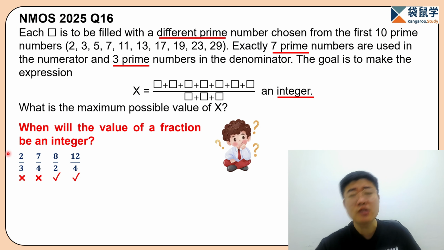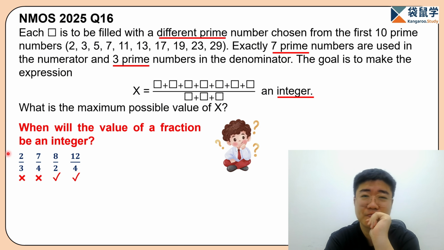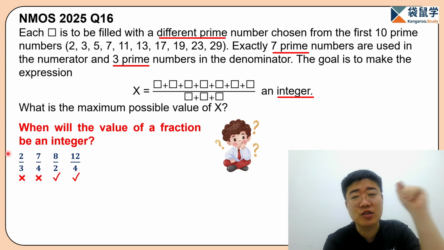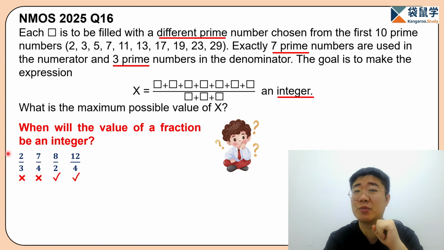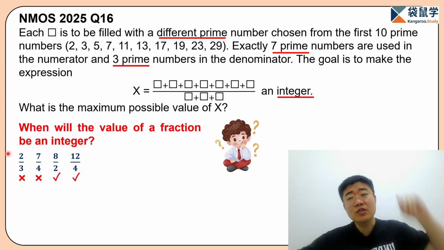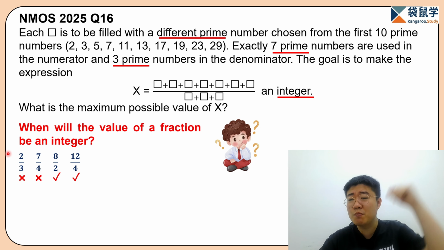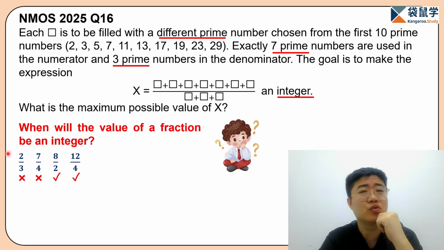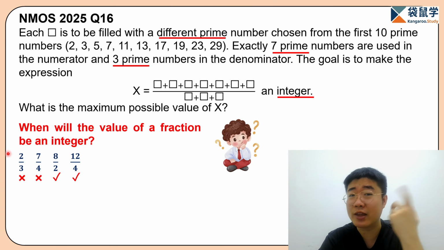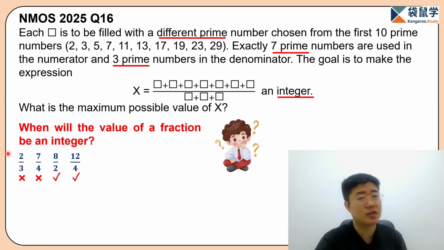Now from these numbers, what can we observe, everyone? So we can see that first of all, if the numerator is smaller than the denominator, definitely this is not an integer. And so we know that when the numerator is bigger than the denominator, what are the things we need to satisfy? You see in 7 over 4, 7 cannot be divided by 4, so this is not an integer.